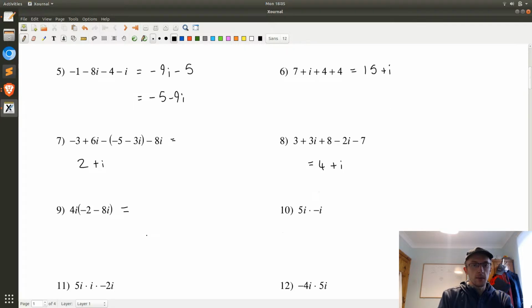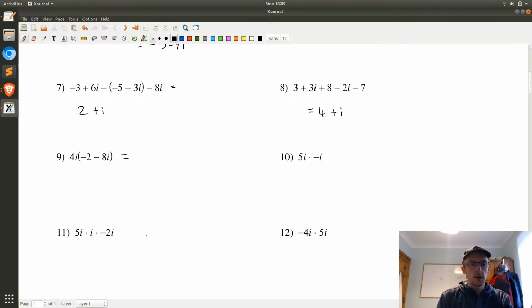Now we get into actually using the property of i itself. And we have to go a little bit beyond just plain old algebra. So, for example, if you just expanded this out and you wrote -8i take 32i squared, technically, that's correct.